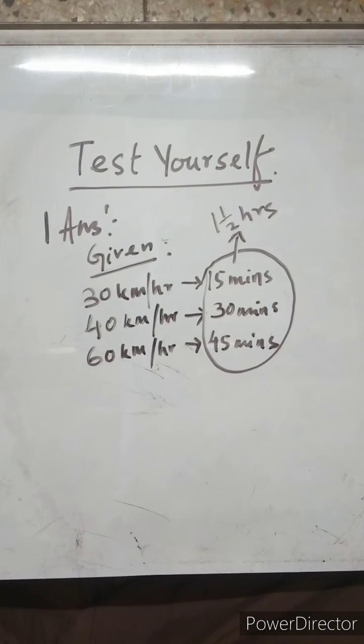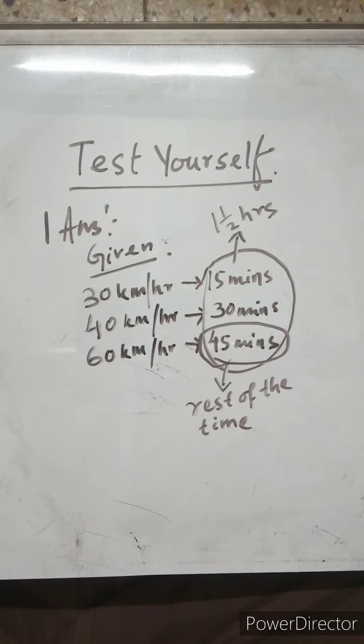So the total time adds up to 1.5 hours. As per the question, the rest of the time out of the 1.5 hours: first 15 minutes, then 30 minutes, half an hour, and the rest of the time obviously is 45 minutes. So that total comes up to 1.5 hours.